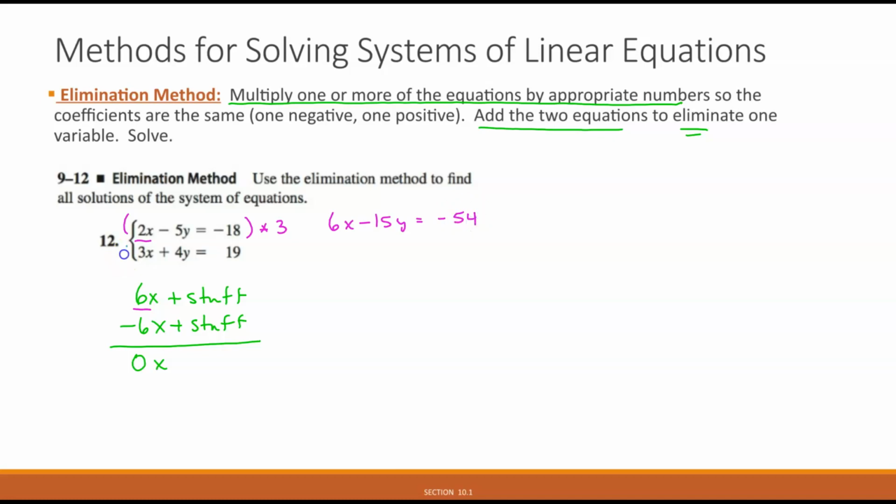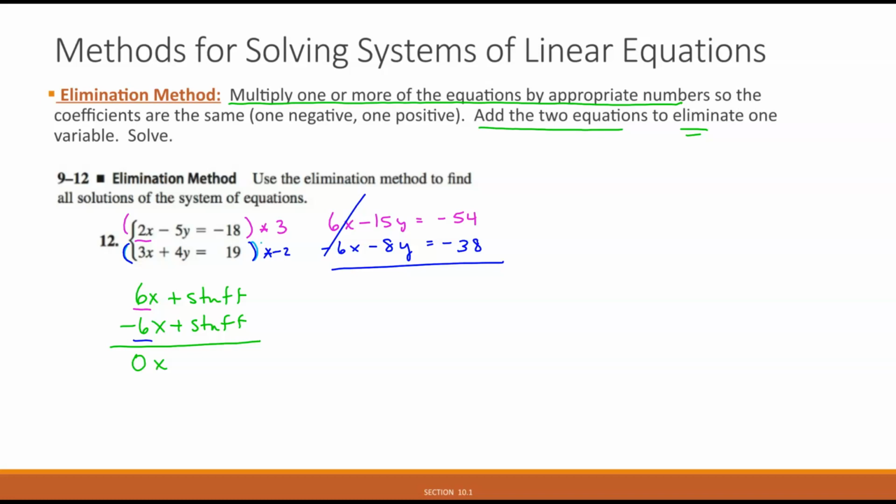Okay, how can I make this a negative 6x? If I multiplied this by negative 2, I'd get a negative 6x minus 8y is equal to 19 times negative 2, which is a negative 38. Adding these together, we've eliminated x.